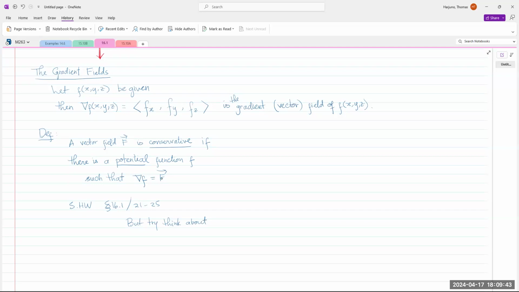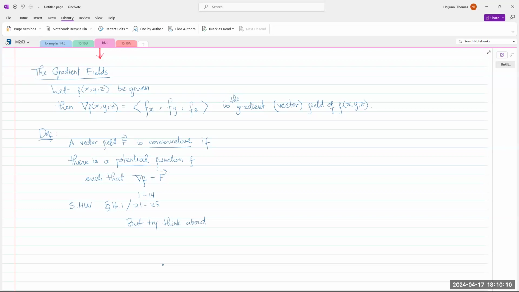Maybe I tell you which questions you may want to take a look at, to enrich your feeling or your intuition about these vector fields. Number 1 to number 14, but the one you need to do is number 21 to 25.